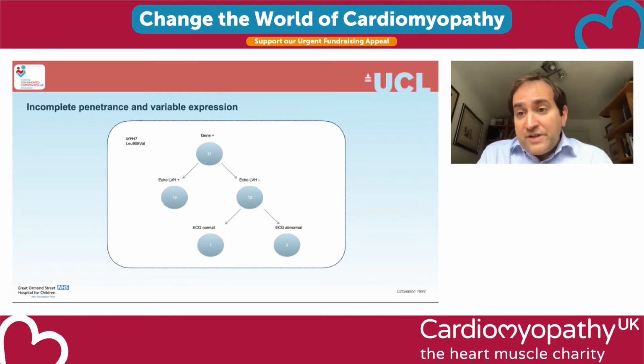And of those, 7 also had a completely normal ECG. So it's possible to carry the gene change that causes the condition in the family without it necessarily showing all of the features at any given point in time.